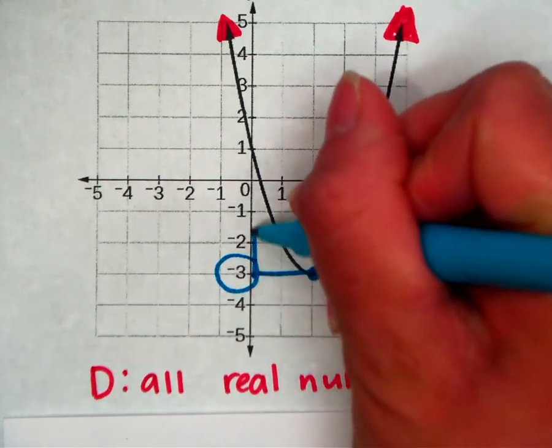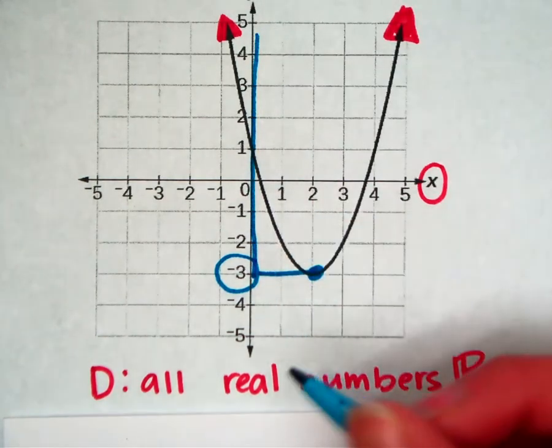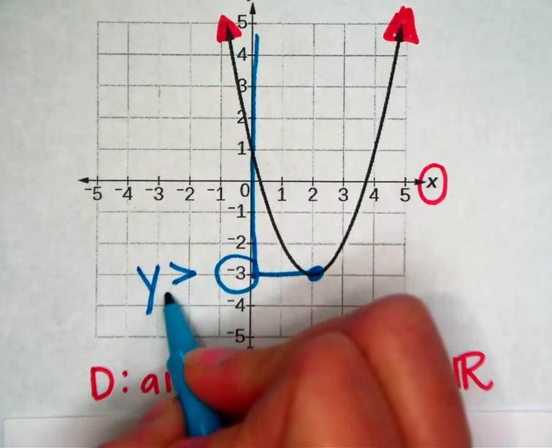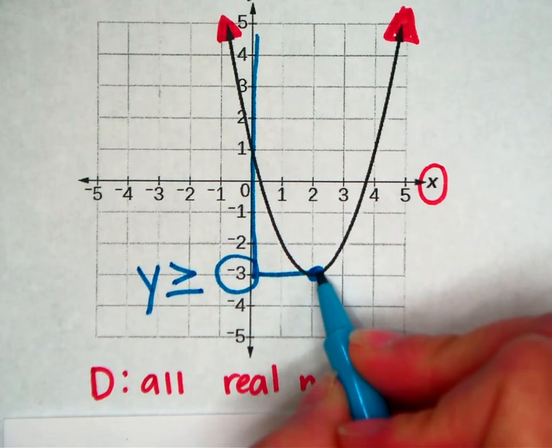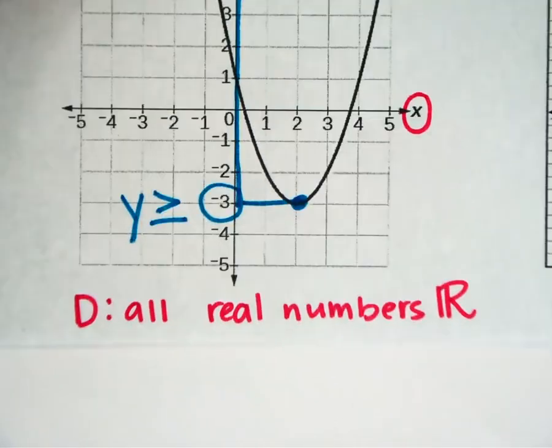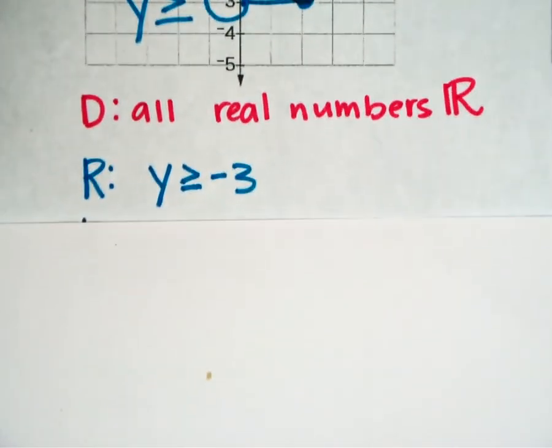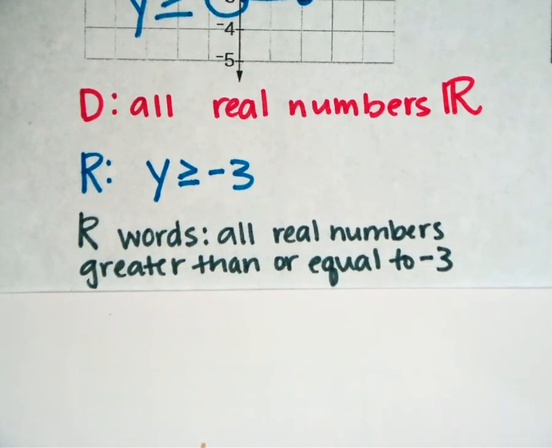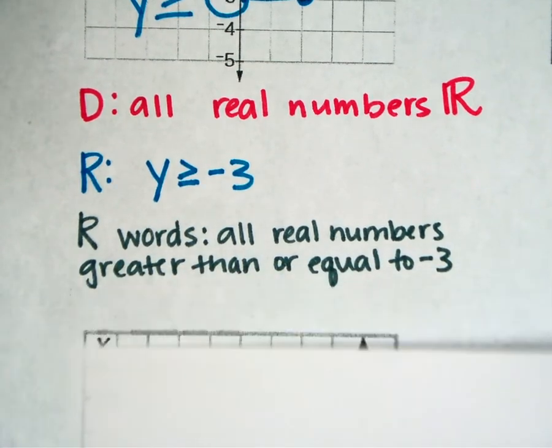Well, all of the values above are greater than. So to write the range, you're saying y is greater than or equal to -3, because it lands on a solid line. So your range in words would be all real numbers greater than or equal to -3.